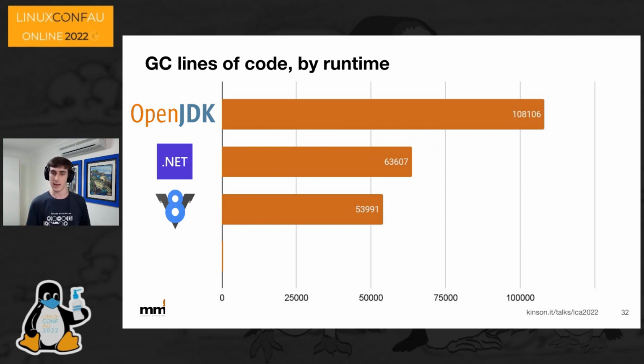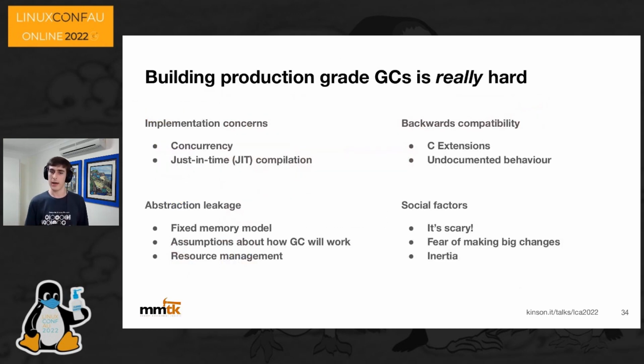OpenJDK, 100,000 lines. .NET, 63,000. V8, 53,000. Ruby is a little bit of a baby in comparison, only about 11,000 lines. But there's still a huge amount of complexity in these systems. And this isn't representative of the total amount of code involved, because GC often seeps into all the other different parts of these systems.